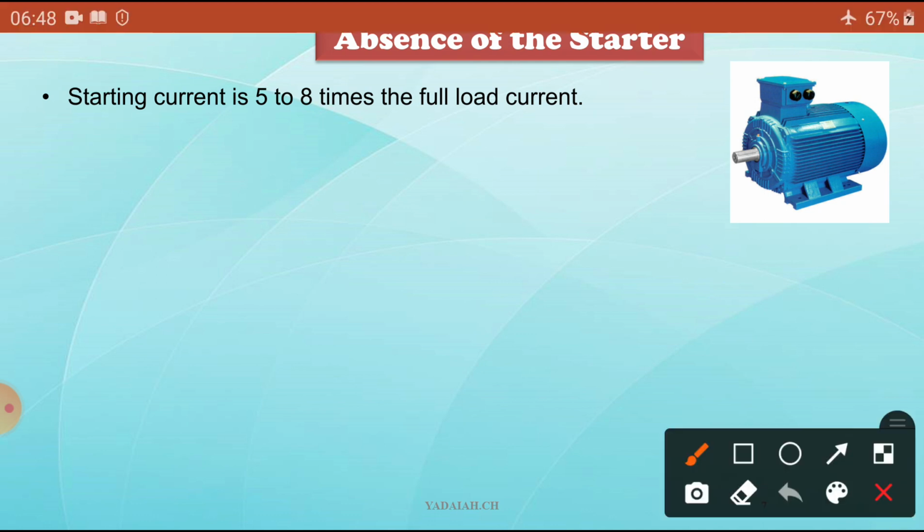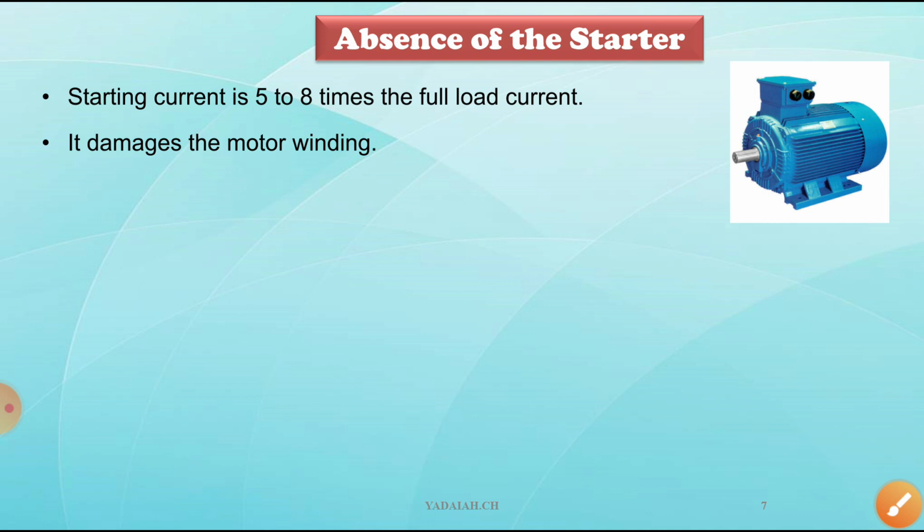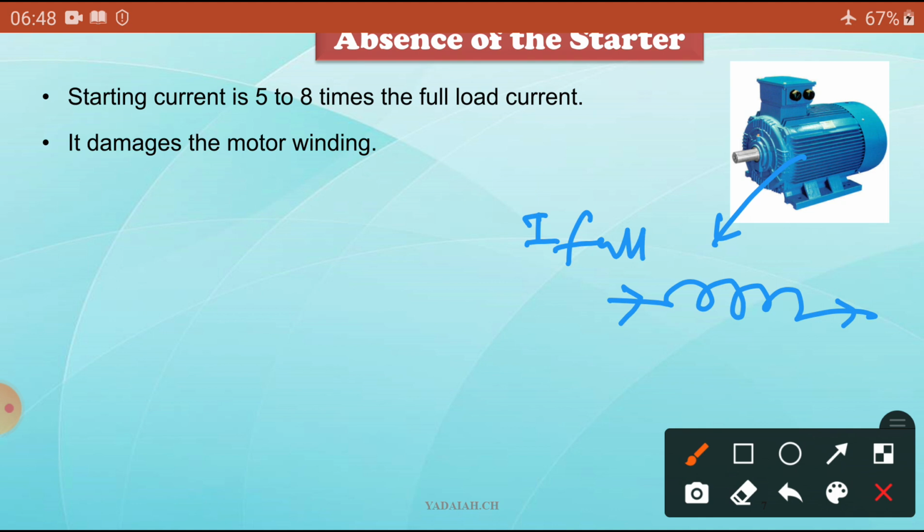Initially it overburdens the motor, sometimes it fails, and it damages the motor winding, because at manufacture our winding is designed for rated current. For example, the full load rated current is 10 amperes. Instead of 10 amperes, it will draw suppose 50 to 80 amperes.